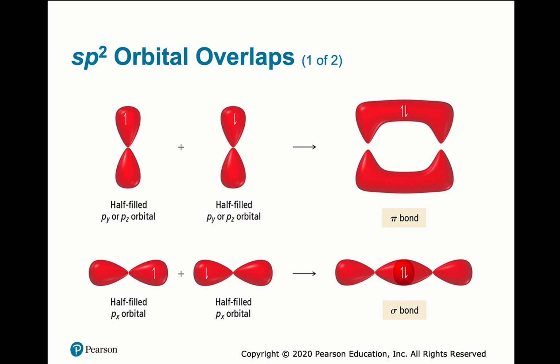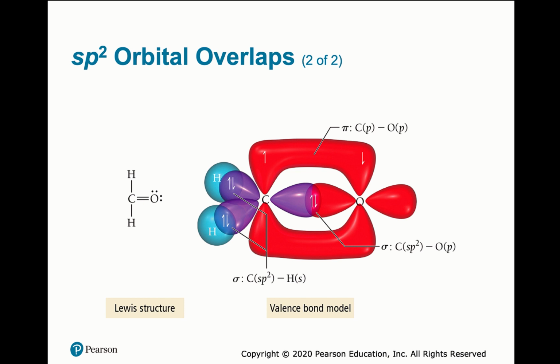Now the p orbitals can overlap. They can form either a sigma bond or a pi bond. So a sigma bond means that it fits along the internuclear axis, and a pi bond means it's above and below. So it's perpendicular to the internuclear, interatomic axis, I guess, is what the book is saying, but it's above and below.